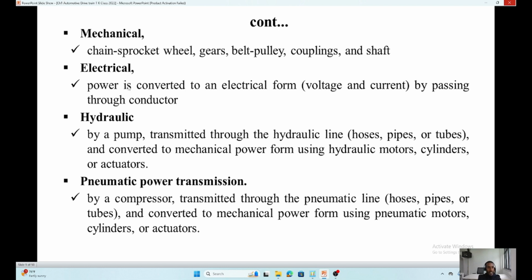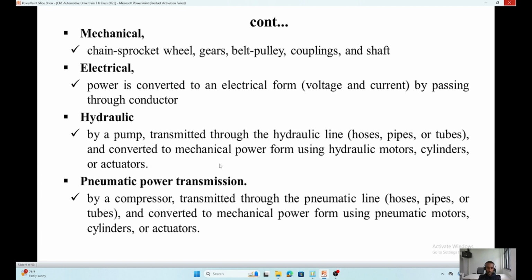In an electrical system, they will have power converted into different forms by having pressure and the flow of current. When it passes through the conductor and the load, it will operate or change some form of energy. Again, in the hydraulic system, the pump generates and transmits through hydraulic lines, which are pipes, hoses, and tubes.